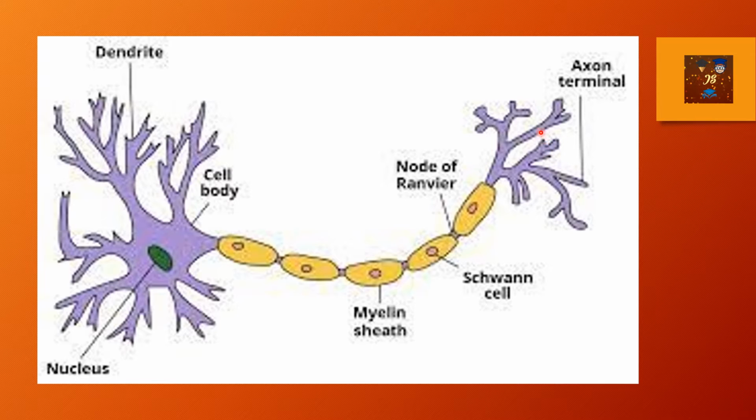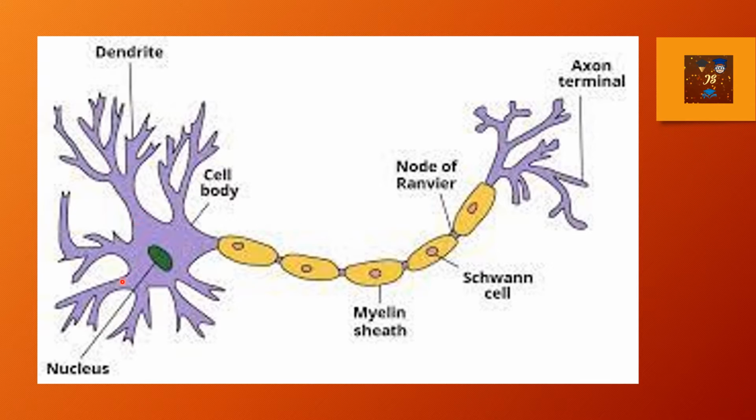And here we can see the last portion, this is the axon terminal. This blue portion is known as the cell body or dendron. And from this dendron, these small portions on this side are known as dendrites.